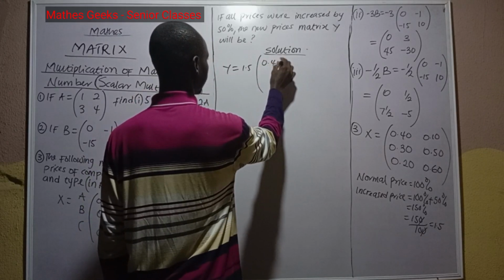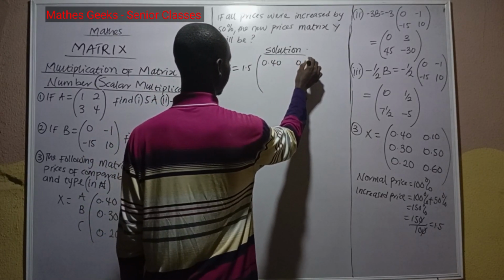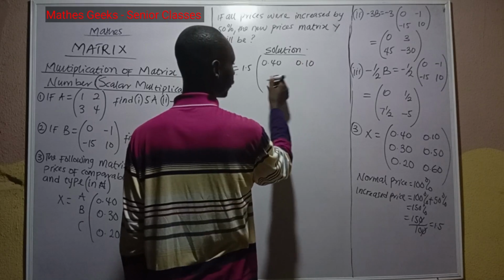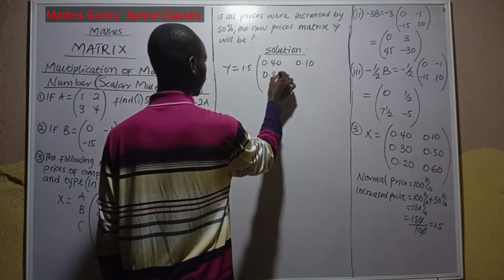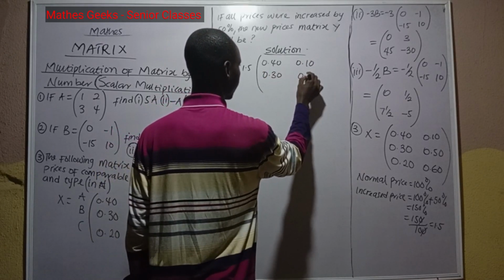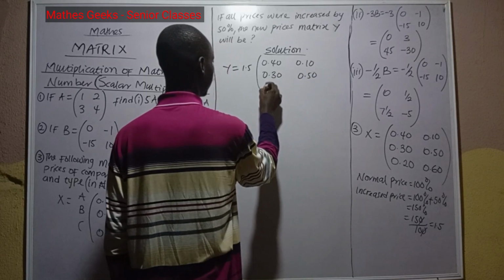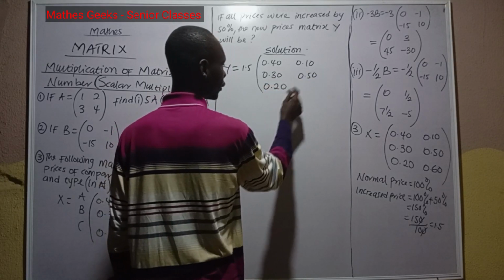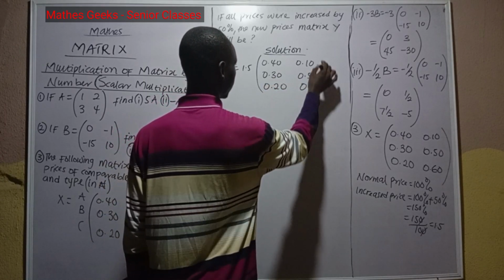That's 0.40, 0.10, 0.20, 0.50, 0.20, 0.60.